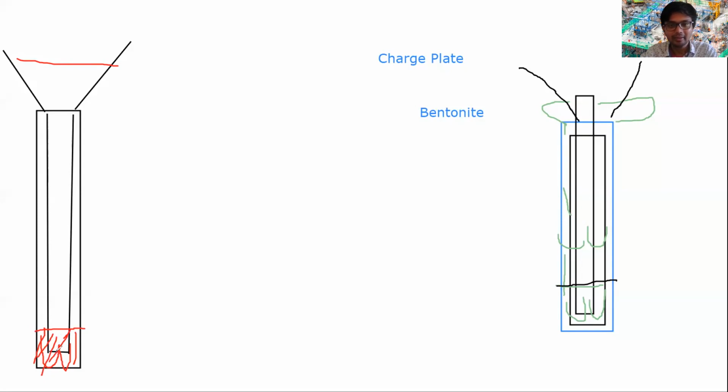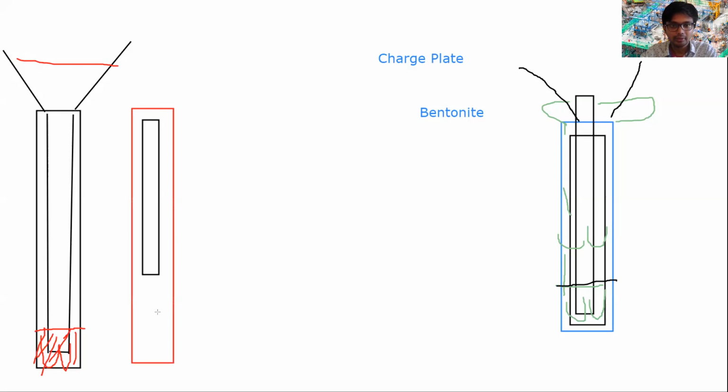So we'll move the charge plate and the pipe a little bit upwards, but it should not come out of the level of the concrete. So the next drawing should be like this.